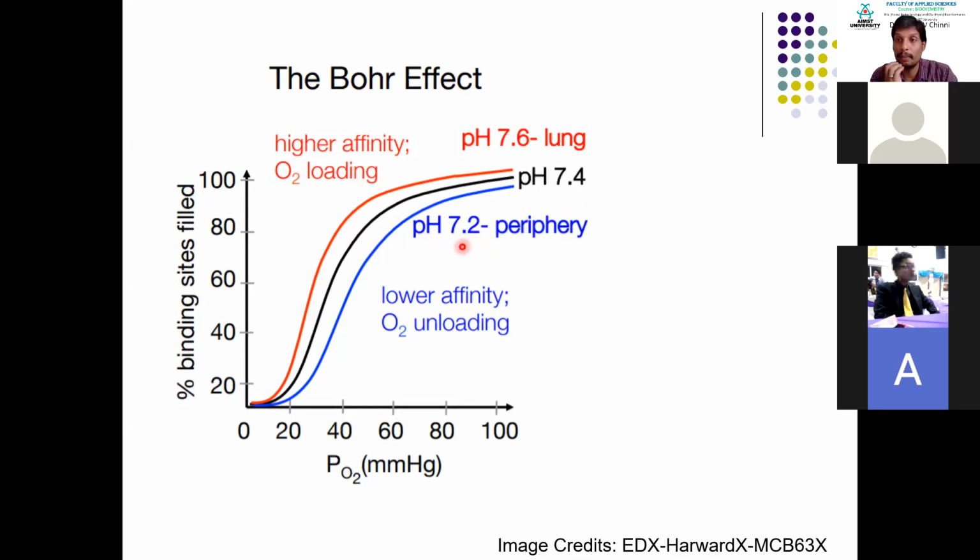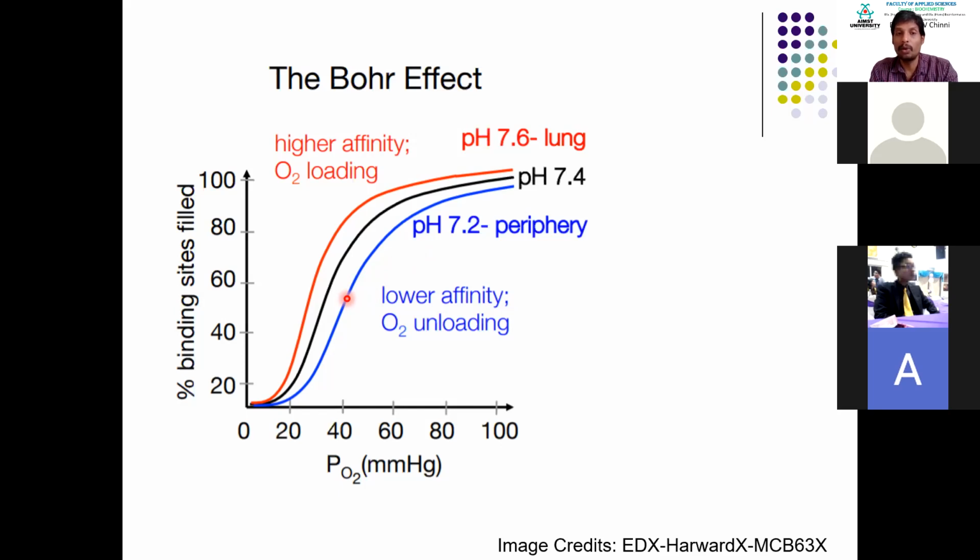When the pH is 7.2, just slightly low, comparatively acidic to 7.4, as in peripheral tissues, it will shift the curve to low affinity. That means even at low oxygen, it will release more oxygen to that particular place. So oxygen will be released in acidic conditions, and tissues will have more oxygen.